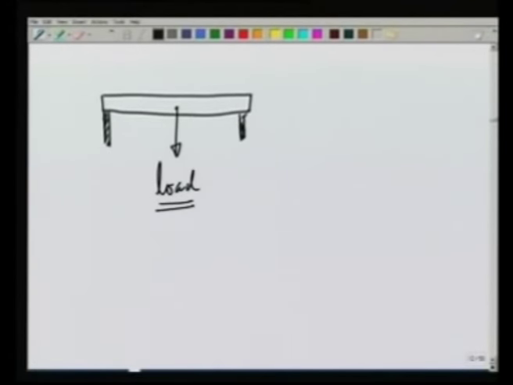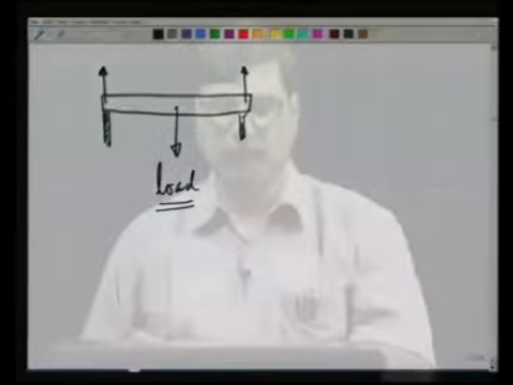And the 3 forces, that is one force applied by the support in this direction, force applied by the other support in this direction, and the load. Not only should these 3 forces sum to 0, there should be some other conditions. What are those conditions? We are going to look at them.